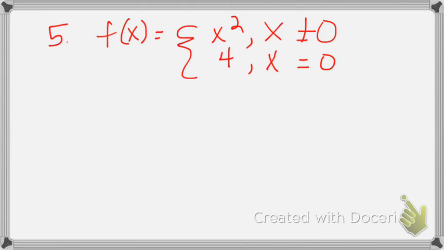It was just whatever the original graph was with a hole at wherever it was located. So here there's going to be a hole at 0. So there's not really anything to do but to know that, okay, the graph's going to be a parabola, except at 0 the value is going to be 4. The point will be. Okay? So you don't have to graph it, but if it helps you to think about it, then do that. Okay? What do you think the limit's going to be as you approach 0?